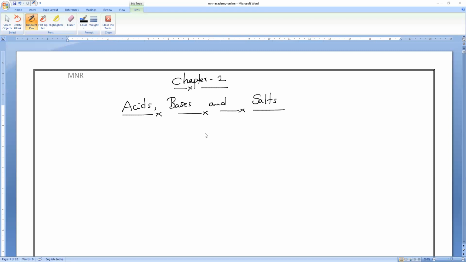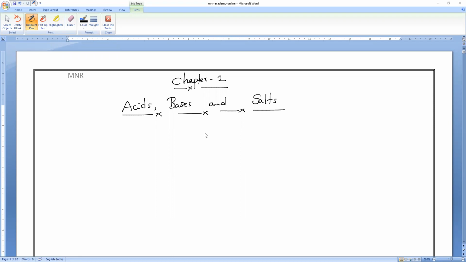So now, in those many compounds that you have written, knowingly or unknowingly we have learned them. But even among the compounds we learned in chapter 1, maybe many are acids and many are bases, and some definitely are salts, but we don't know that. So that is what we are going to study in this chapter.